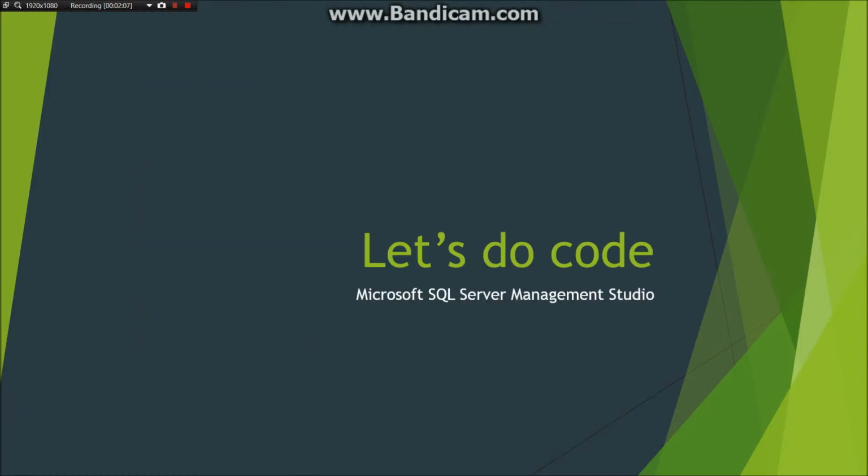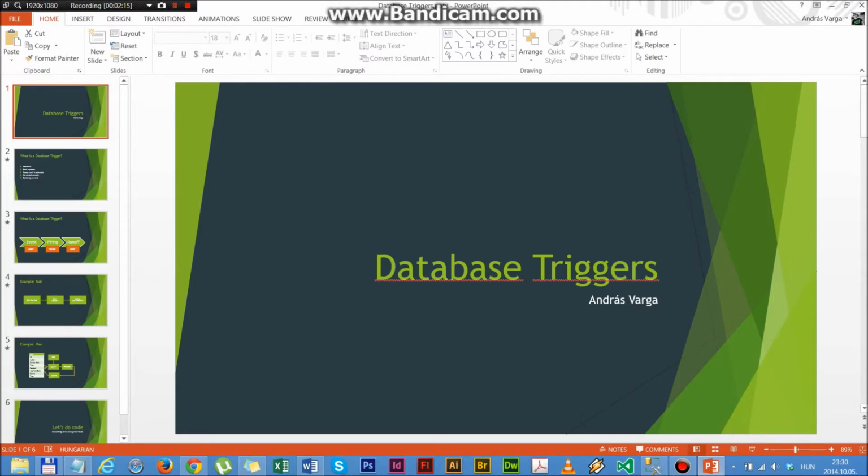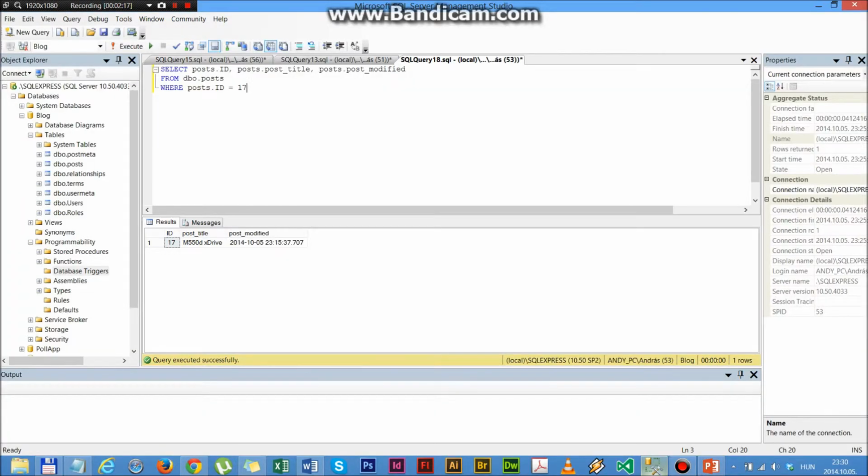So let's do some code. Let's see how it works in the Microsoft SQL Server Management Studio. Here we are in the Server Management Studio, and as you see, I have created an example post called M550D xDrive, and it was last modified this time.